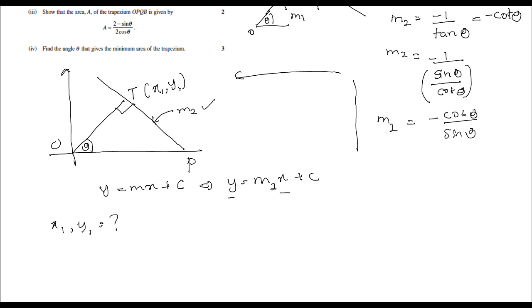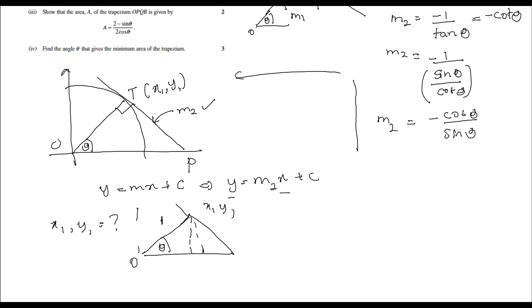From this triangle OTP, if you look at that triangle which is having a theta, we need to find x1, y1. This is the origin, right? So if you find x1, y1, let me write down, this is 1 because that's a unit circle that goes through here.